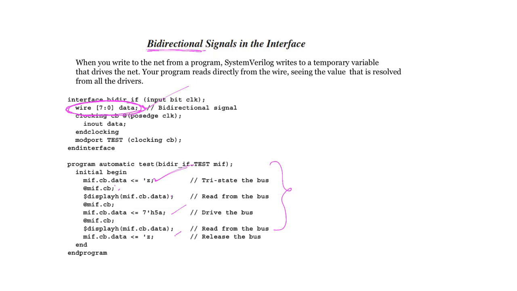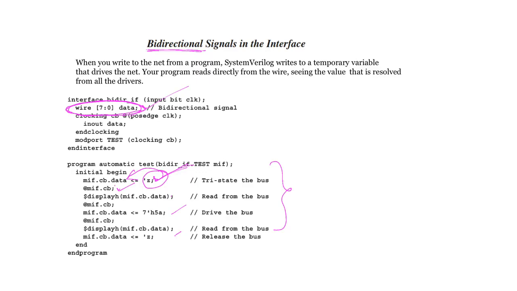So if you are observing this one, the first statement is you are sending a value to the data. So you are saying data is a tri-state bus and you are giving Z to the data. Okay, and you are waiting for 1 clock cycle because of MIF dot CB dot data.